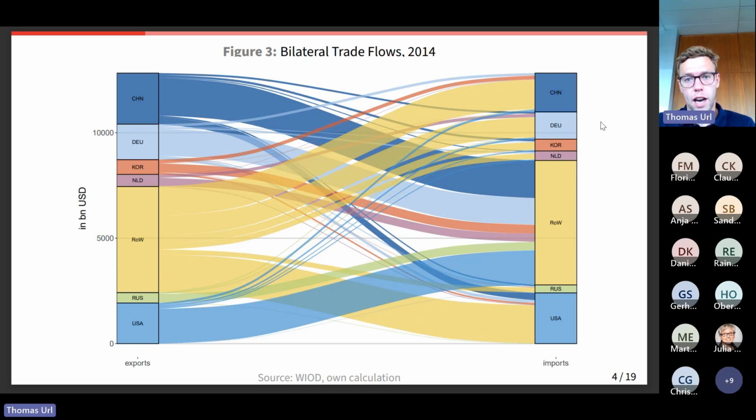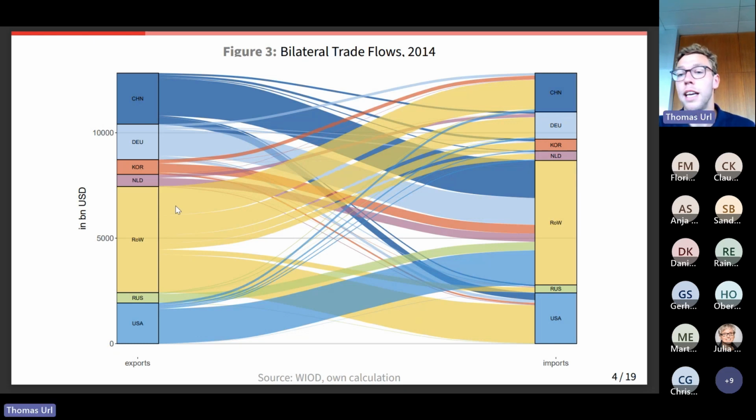China's trade imbalance is around $580 billion, followed by Germany, which has a trade surplus of 390 billion. The opposite is the United States, which has a trade deficit of 480 billion US dollars.